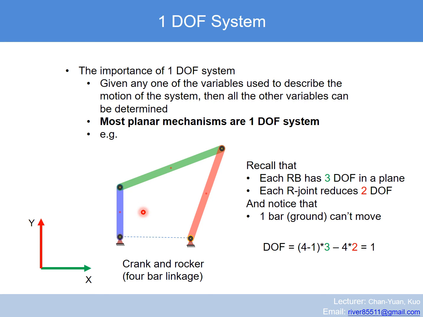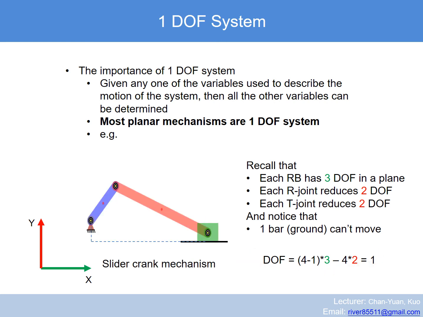And each revolution joint will reduce 2 degrees of freedom of the system. Also note that the bar down here, or sometimes we just call it ground, cannot move at all. Therefore, the total degree of freedom of the system is 3 times 4 minus 1 minus 4 times 2 equals 1.